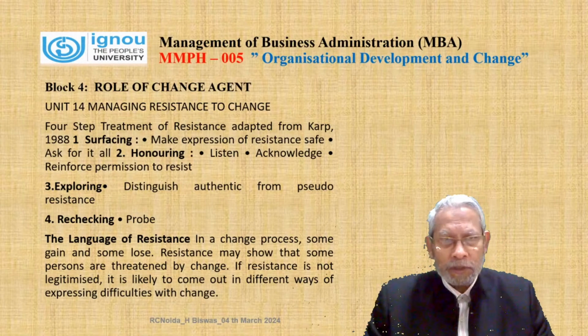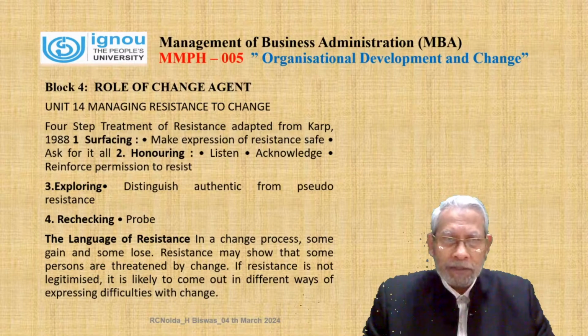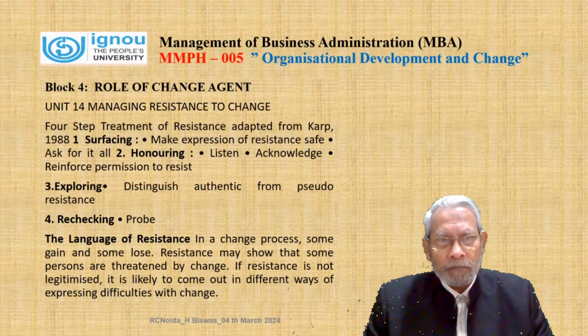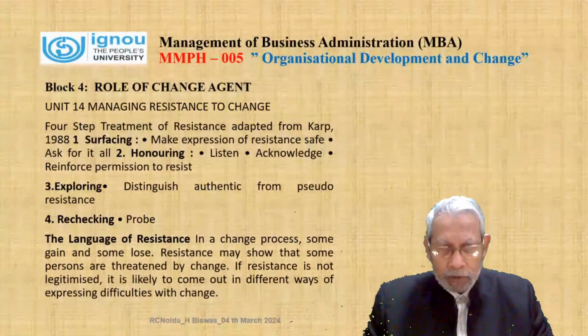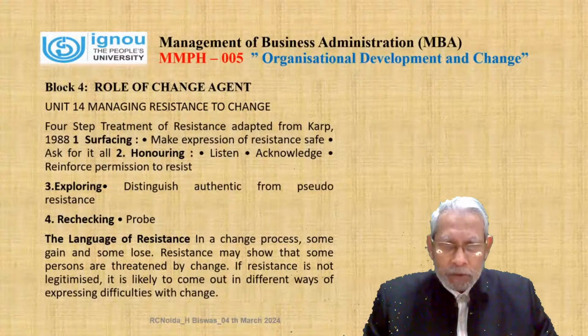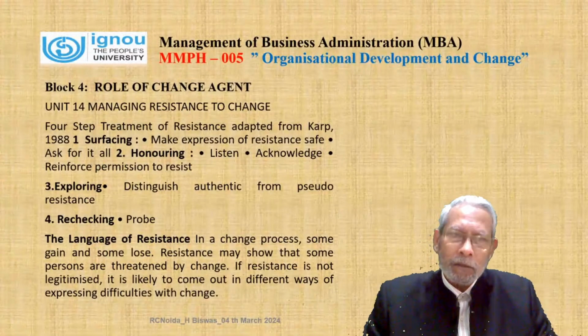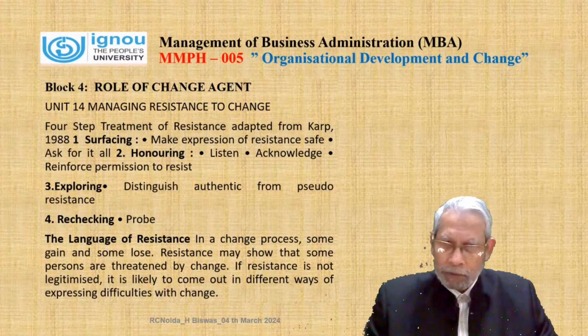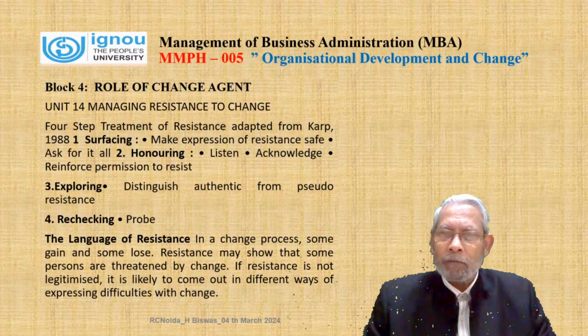There are four steps basically. There is surfacing, making the expression of the resistance come out, then honoring. Honoring means you listen carefully to the particular employee's problems, you acknowledge them, and reinforce whatever is utmost required.